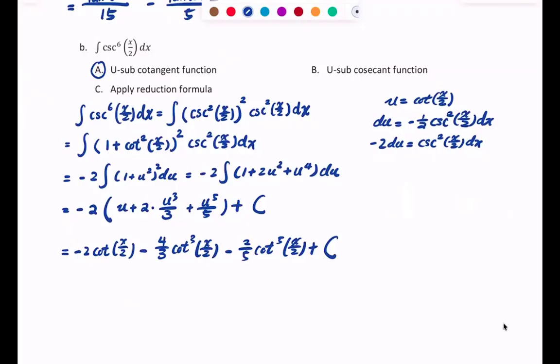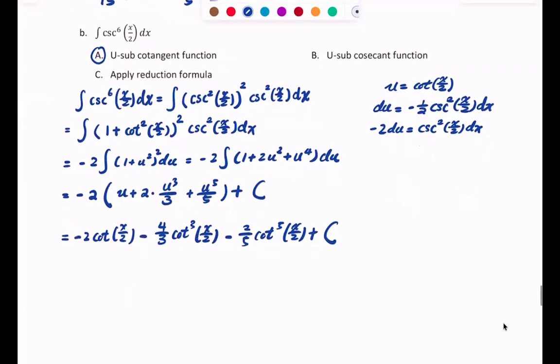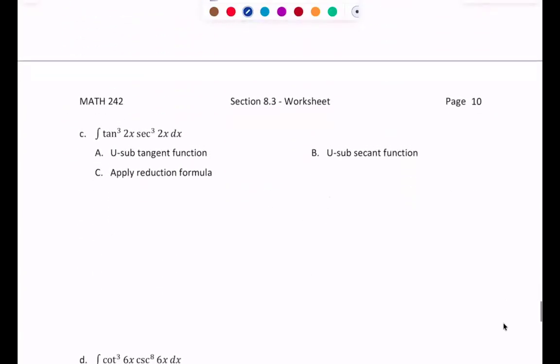So if you're done with this one, look at the next one and decide if we're going to do a tangent sub or a secant sub. How about you get started applying the strategy that we talked about first?